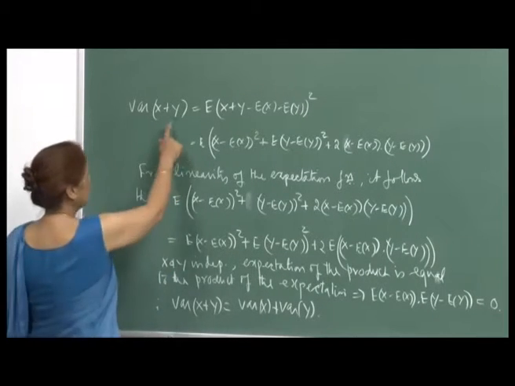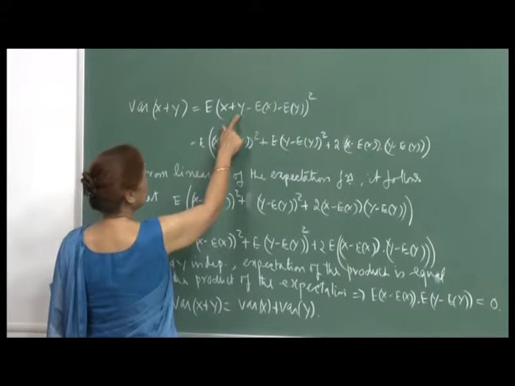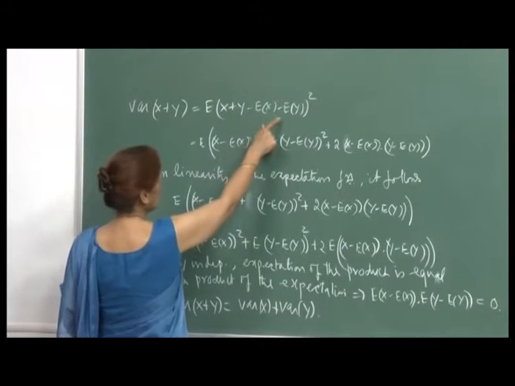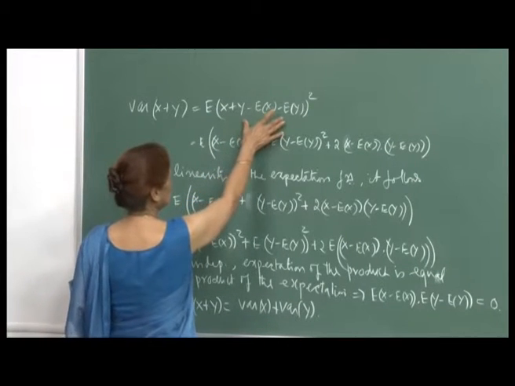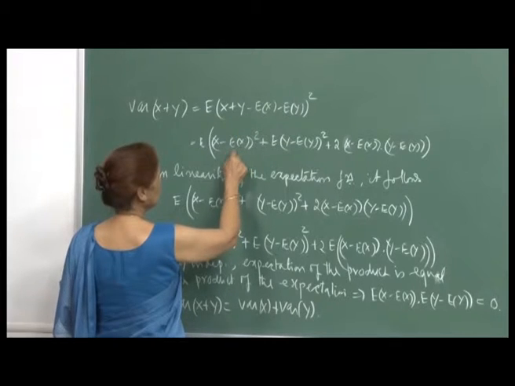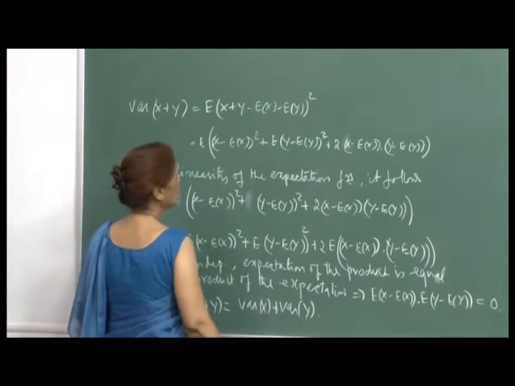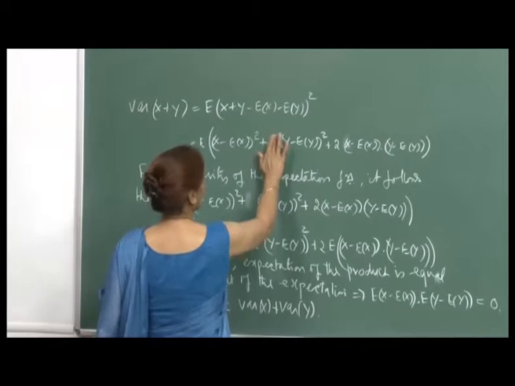So, let me write down: variance of x plus y is the expected value of x plus y minus E x minus E y, whole square. So, I open up the square term, then this will be x minus E x whole square plus, sorry, this should not be there.